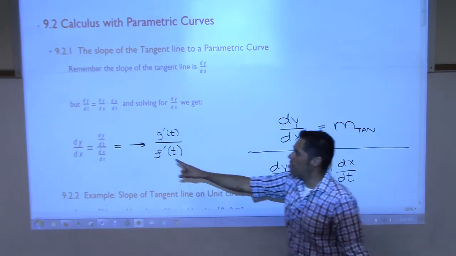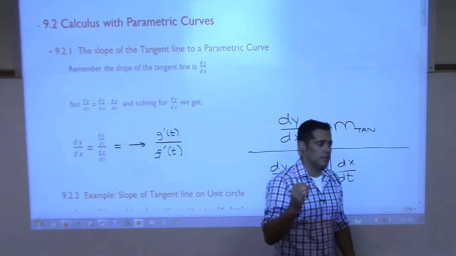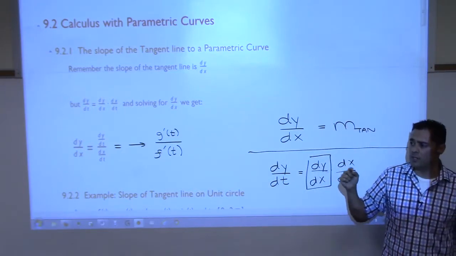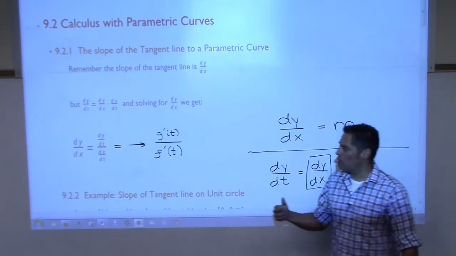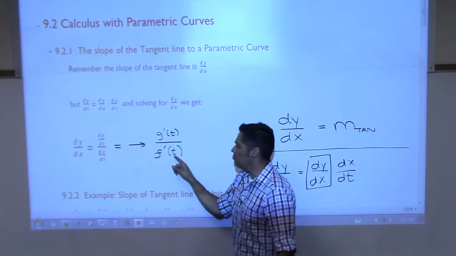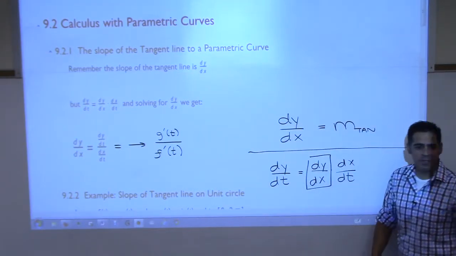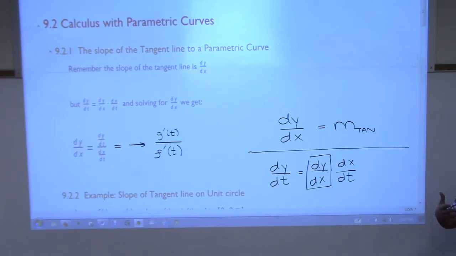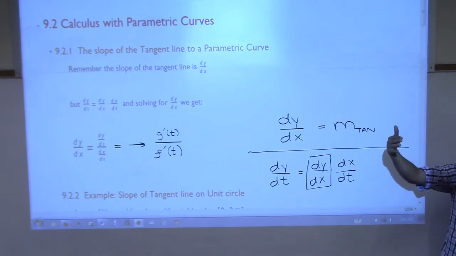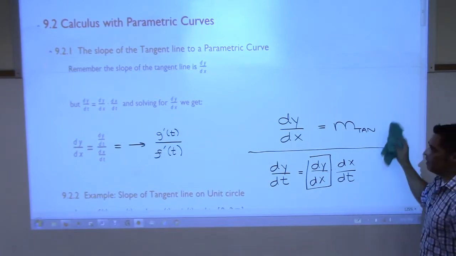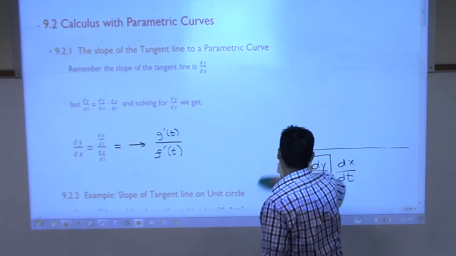Remember, our y coordinate was some function of t, g of t, and our x coordinate was some function of t, which we called f. So to find the slope of the tangent line, all you're going to do is take the ratio of the derivatives of the individual parametric equations. Just make sure you do the y over the x. And that's it. That's a very nice, clean formula.